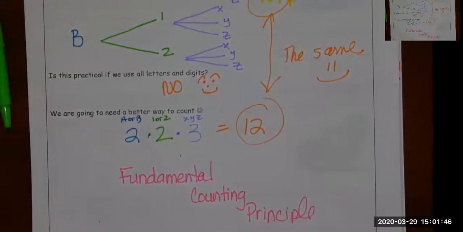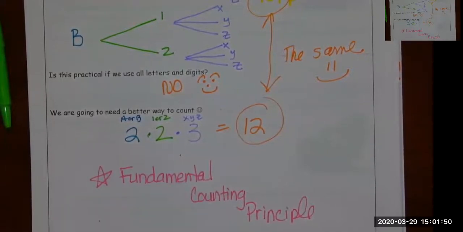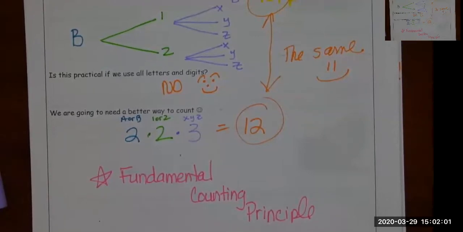Very important in statistics. This is a big thing for you to know. If I say use the fundamental counting principle, you just multiply the number of choices for each spot, okay? Got it? Remember that word.